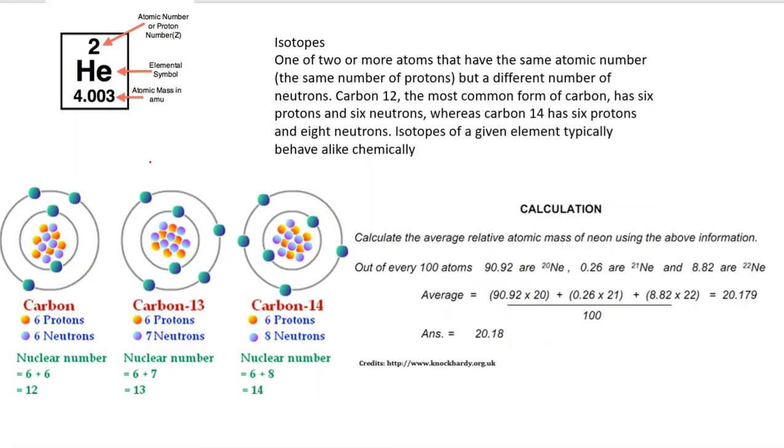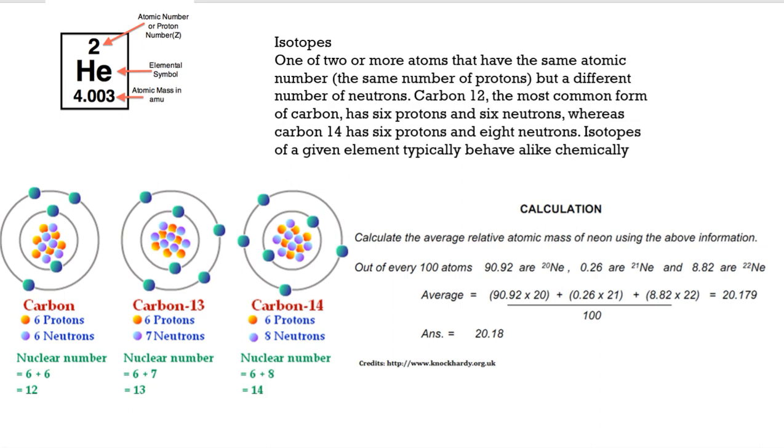In the periodic table you will observe 2 numbers. A small number that represents the atomic number, that is the number of protons, positive charges, the symbol of the element, and a big number that represents the atomic mass of the atom.